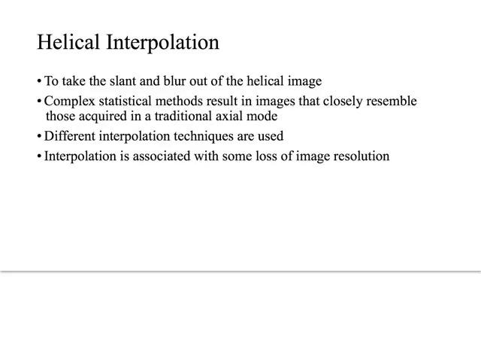So if you look, the axial slice is exactly 10 millimeters, because it goes from negative 5 on one side to negative 5 on the other pretty evenly. So that's a 10 millimeter slice, versus the helical slice, which is a little bit bigger than that, like 12 or 13 millimeters thick, right?